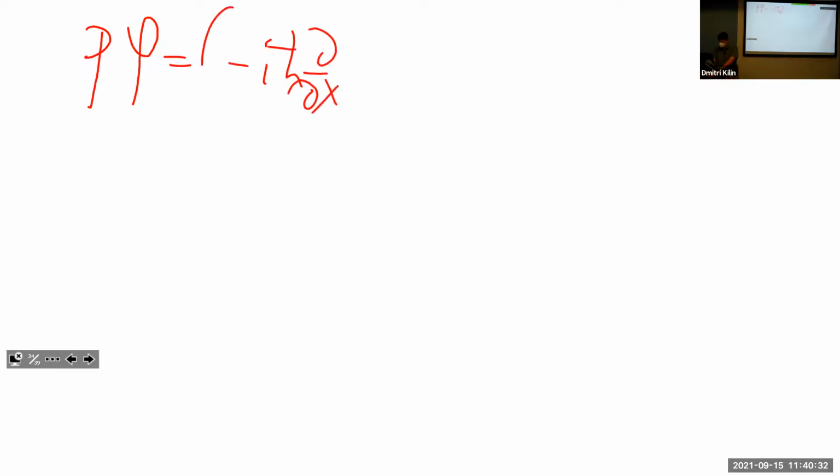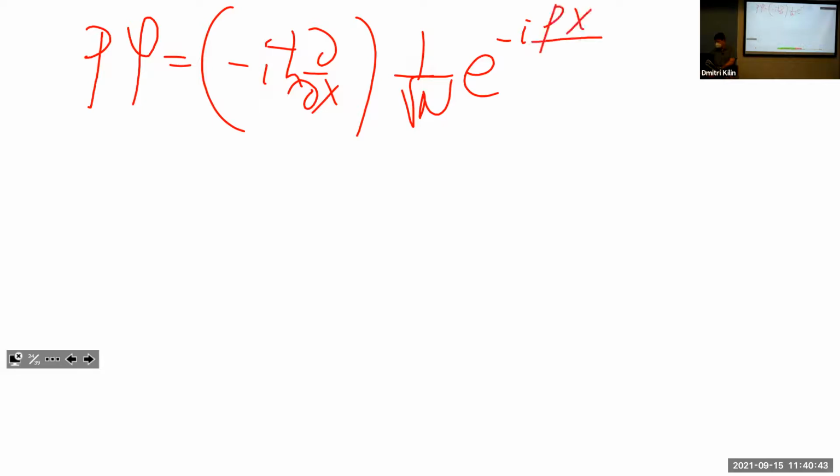Okay, maybe I should do it over again because I see some confusion in the eyes. So, p phi equals minus i h bar d/dx of e to the minus i p x over h bar, times 1 over square root of n.